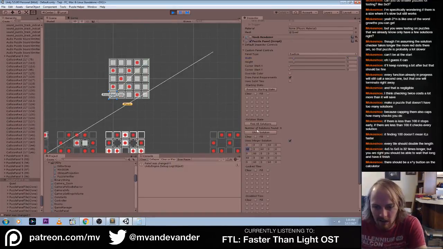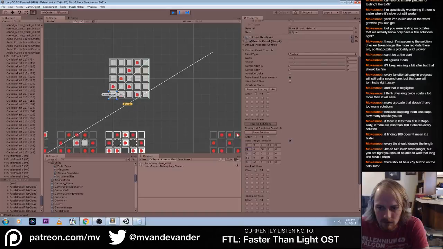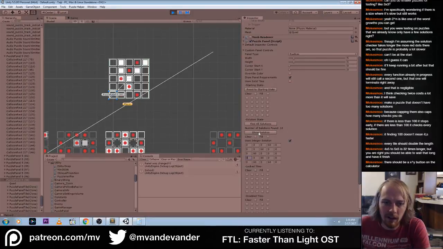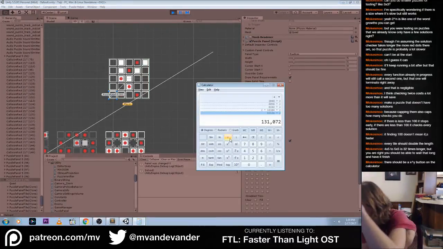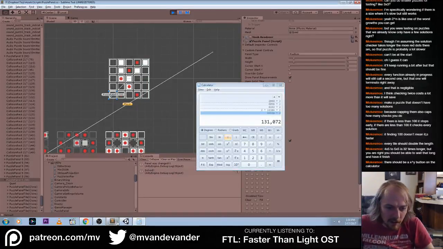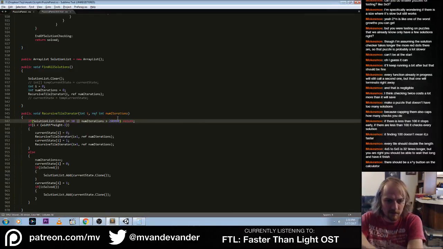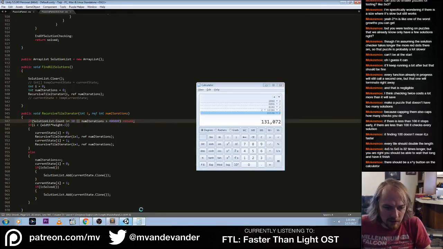It didn't find any solutions though. I'll definitely want something that would give me a warning at least if it goes past the number of iterations, but let's see if it can do twice that many.